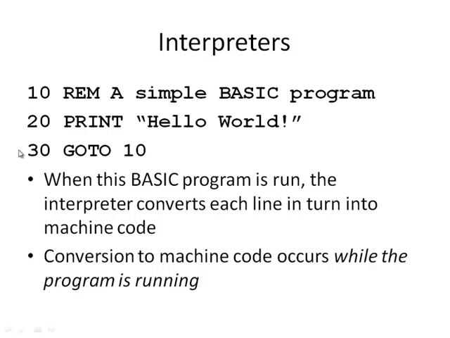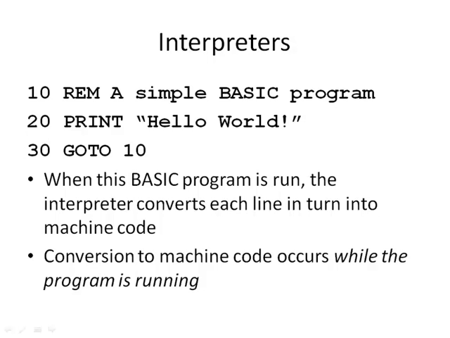It will then convert this statement to machine code to work out what's required. Come back to here, skip this line, it's a remark, and although we're back at a line we've already run and already converted to machine code before, we're actually going to convert it to machine code again before we operate on this and print out hello world. And that program will continue to do that.